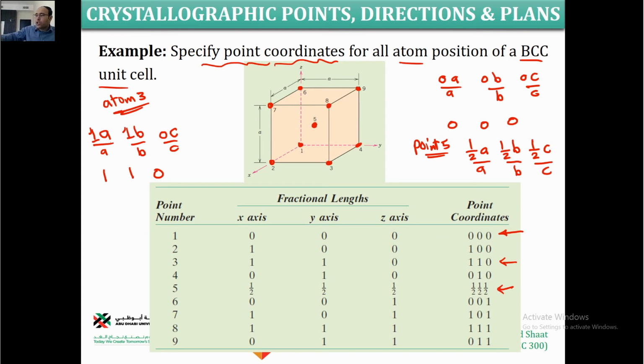It is the same approach that we use, for example, in mathematics or linear algebra. If you are required to specify a point, you're just gonna move parallel to X, Y, and Z. Then you're gonna put the point as X, comma, Y, comma, Z, in parentheses. But here we are not using parentheses, we are not using commas, but it's still the same approach.